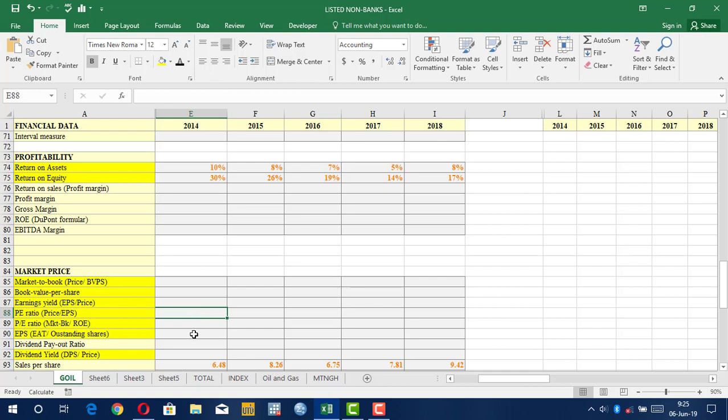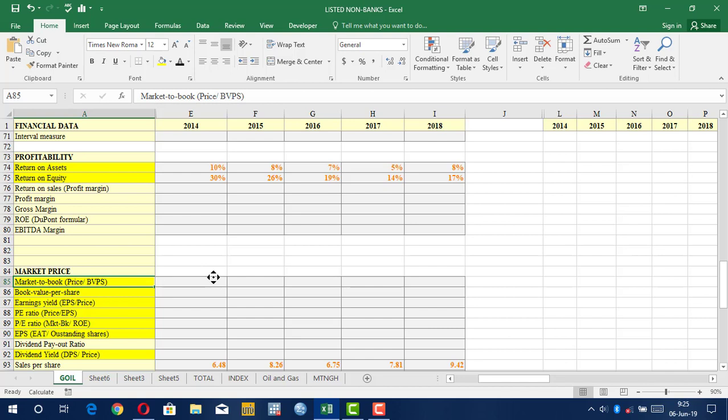We look at earnings per share, as we can see here. Then we look at the earnings yield. Then we will look at PE ratio. Then we'll come and look at dividend yield. Then we look at book value per share, and our last will be the market to book price.